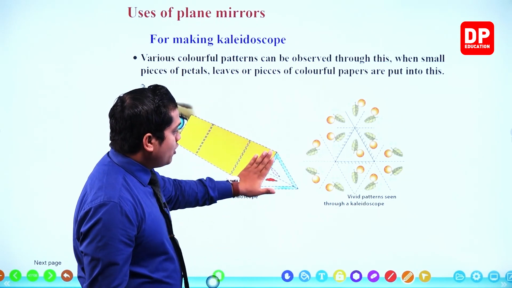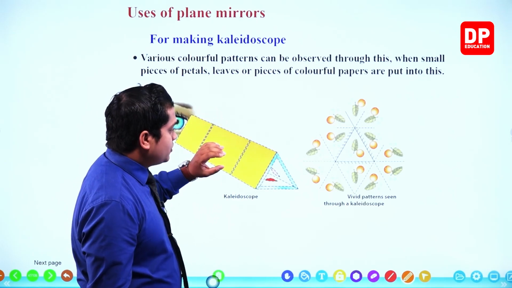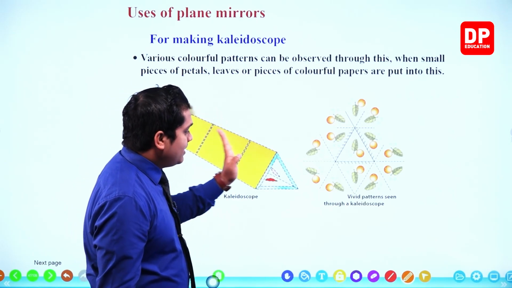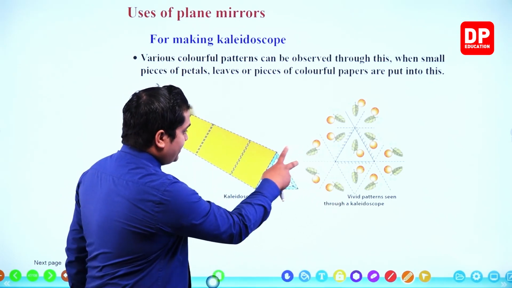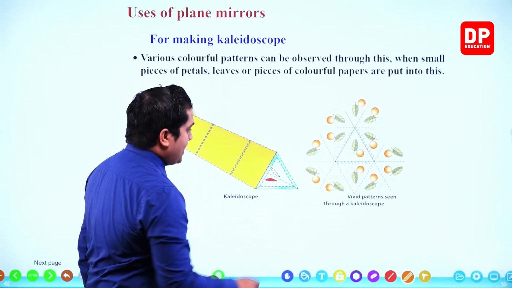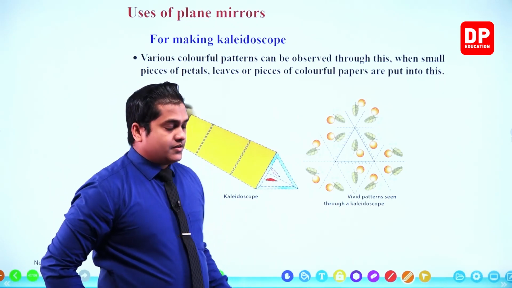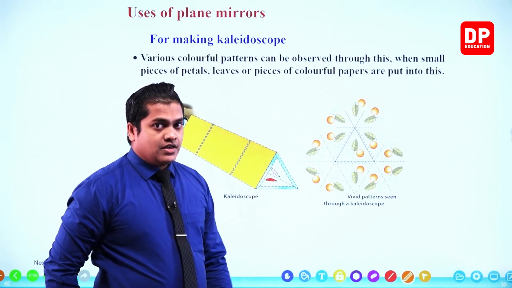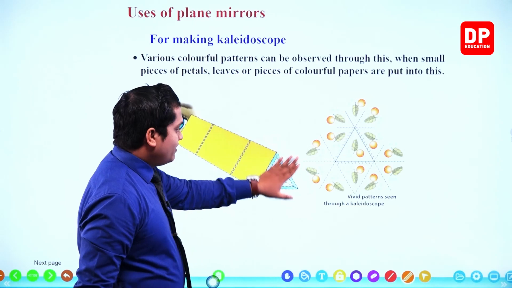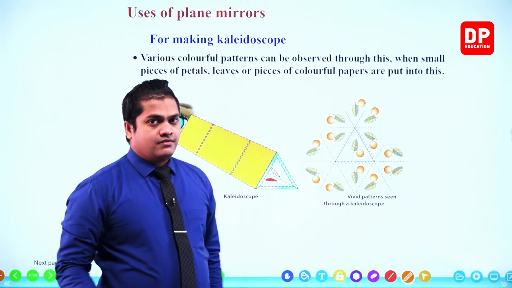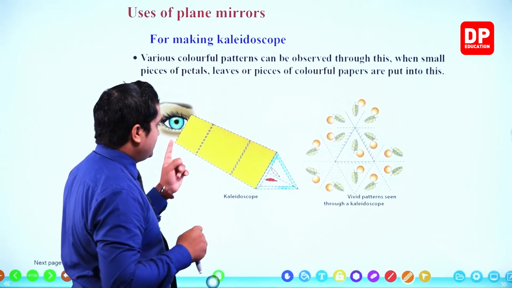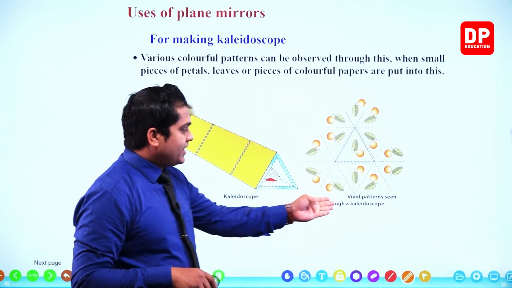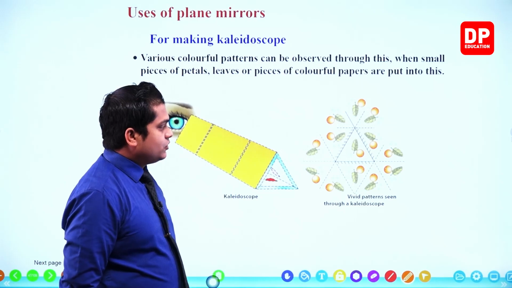So this yellow color area is the darker surface, and the shiny surface is within the kaleidoscope. You have to keep 3 of these together and create a prism-like object, as you can see within the figure. Now you have to cover one end, insert some kind of small object and observe through it like this. Then you can observe vivid patterns through the kaleidoscope.